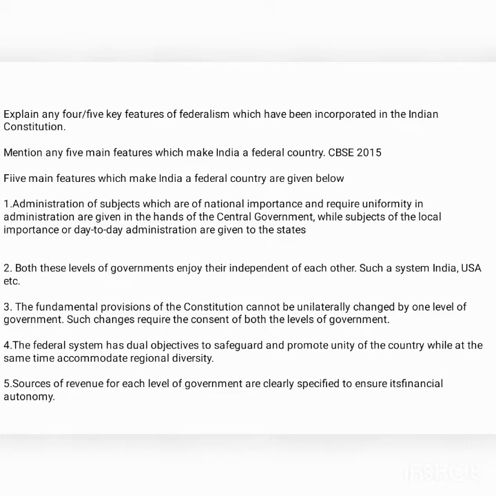Each level of government has its own revenue sources, except the local bodies. All the states have their own source of income. So the sources of revenue for each level of government, especially each level of the state government, are clearly specified to ensure its financial autonomy.